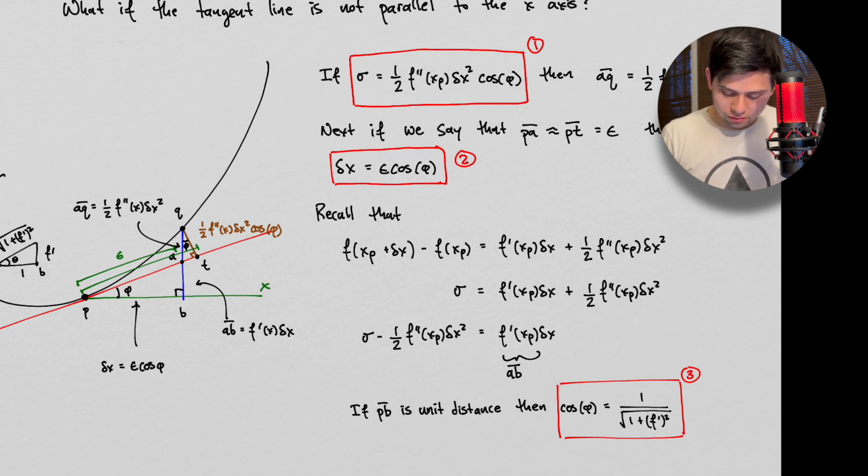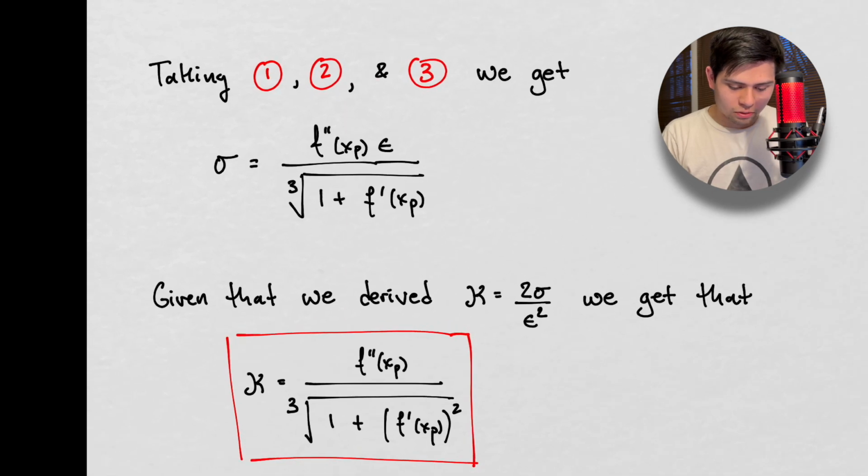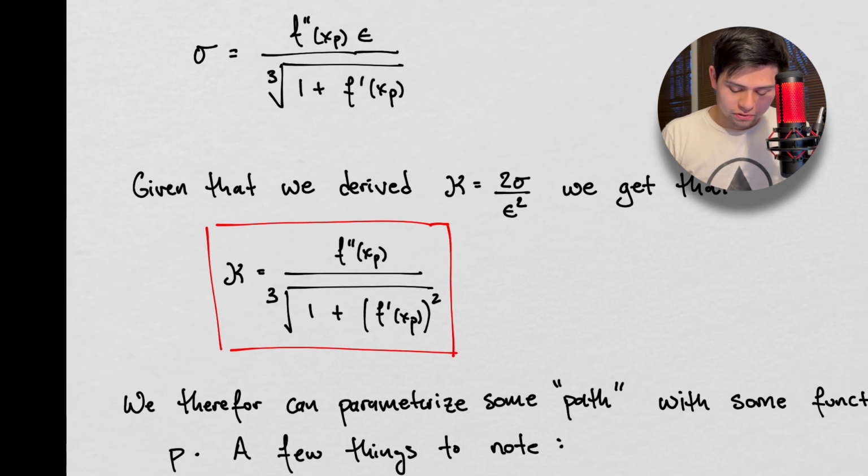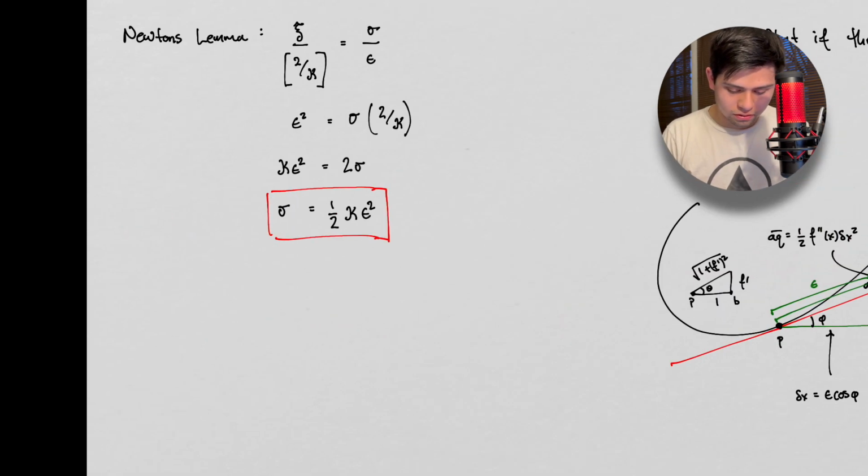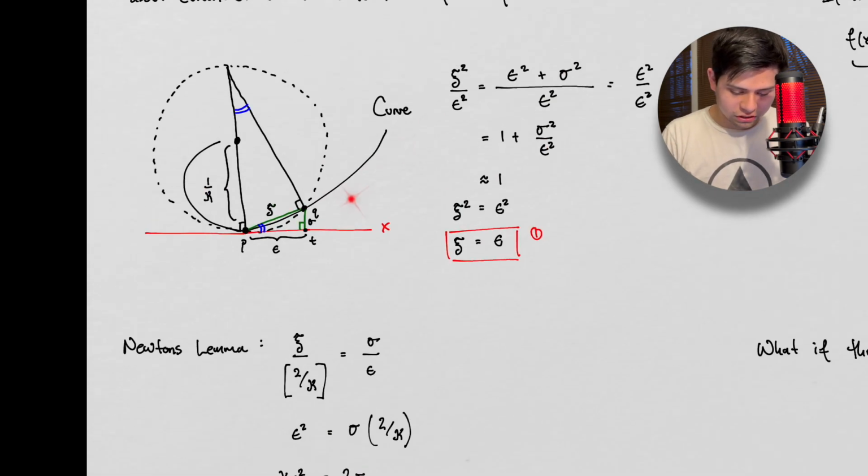And let's move on. So we're taking 1, 2, and 3, and we get that sigma is now equal to this. And given that we derived our curvature to be equal to this, right? Remember that came from way over here, this guy. And this from the same picture, right?